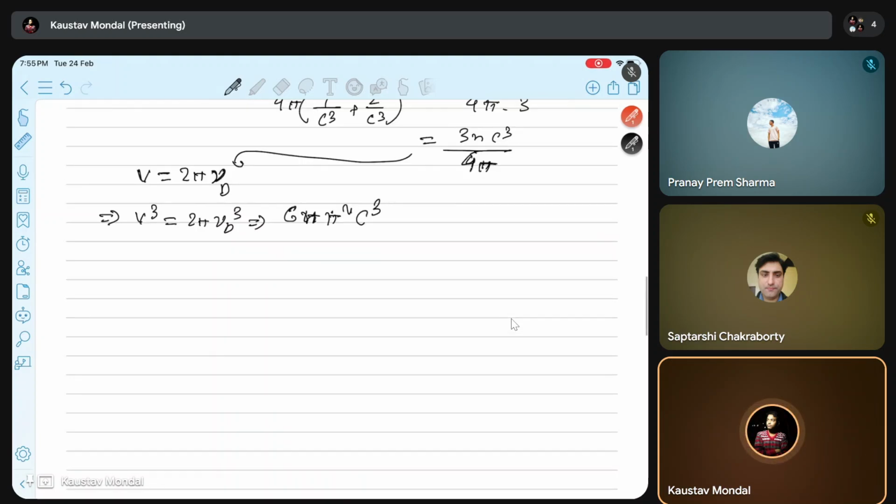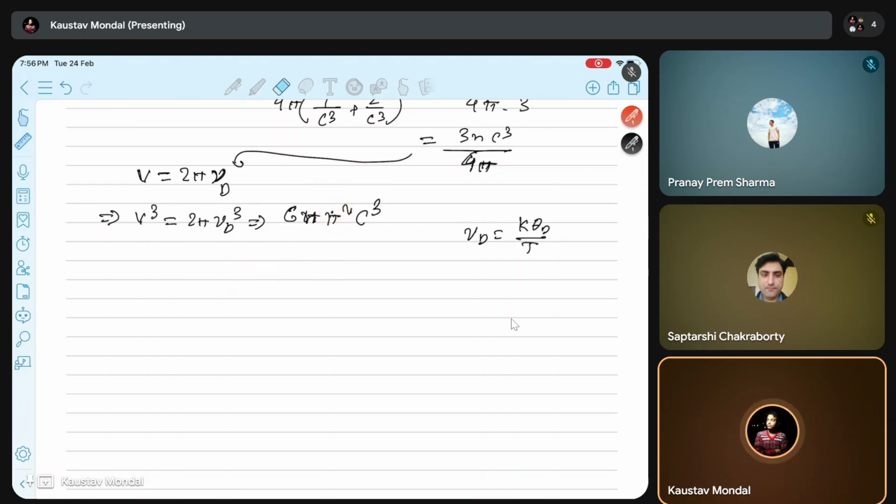Now from here C cube will become, we know the expression of omega d, right? That is kB theta D by h cut. Okay. So if you substitute this thing here, so everything will become C cube.